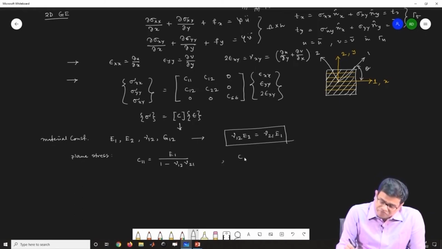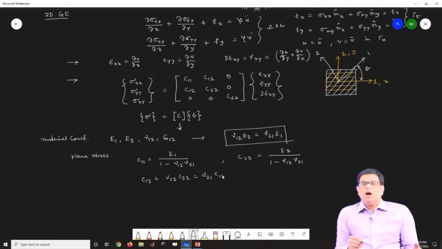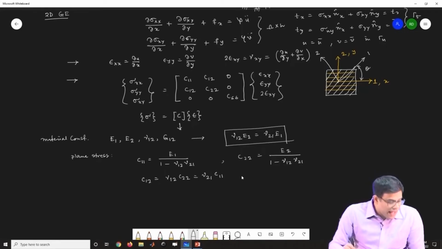C22 is similarly E2 into 1 minus nu 1 2 nu 2 1. C12 again we can write as nu 1 2 C22 or nu 2 1 C11. And C66 is essentially the shear modulus G12.